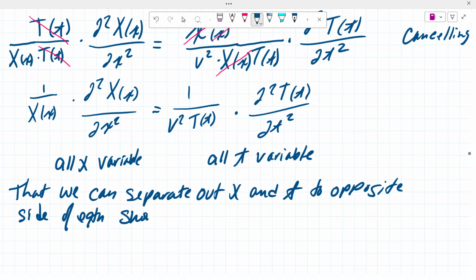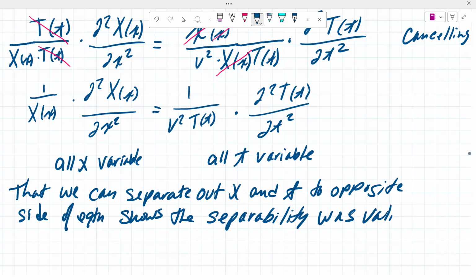This shows the separability assumption was valid. Great, it is separable.